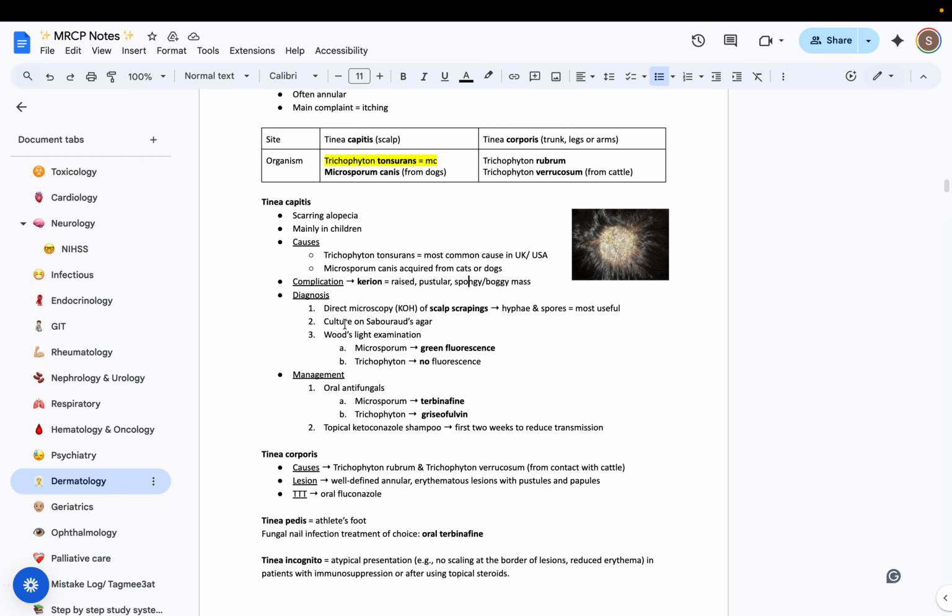Now, how to diagnose? Direct microscopy shows hyphae and spores, and then we can culture, and then Wood's light.